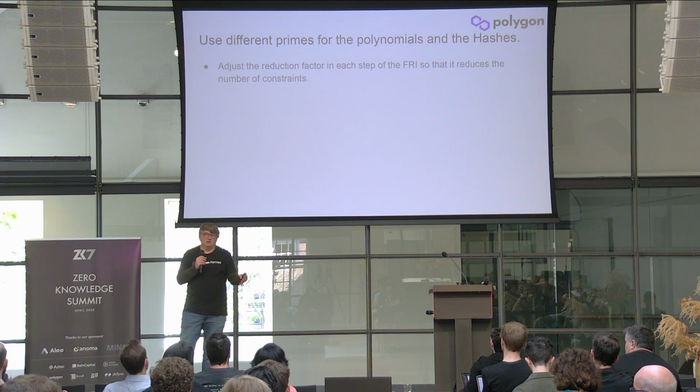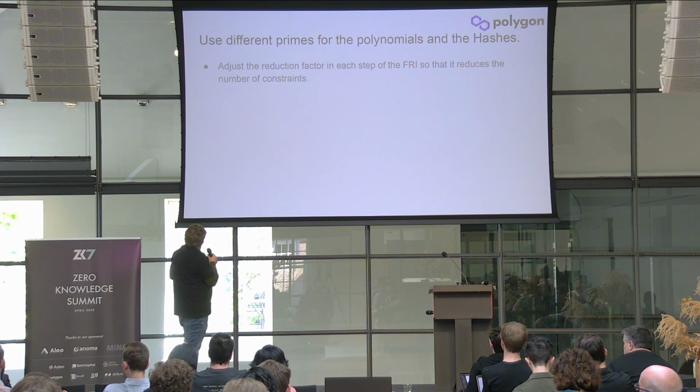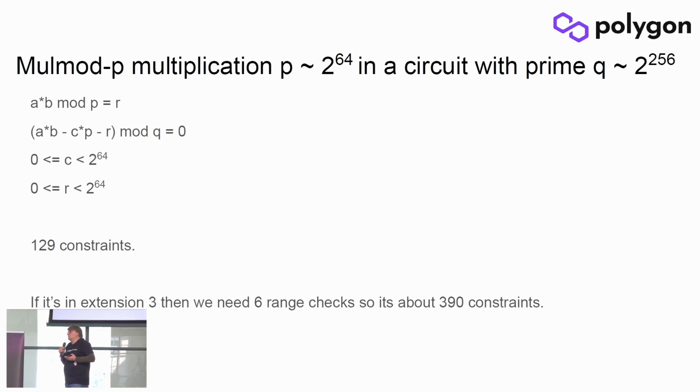But when we need to check the operations in the polynomials, we need to work with this small prime field here. So how do we do these cross-prime multiplications? What's the cost of doing a cross-prime multiplication inside the circuit?